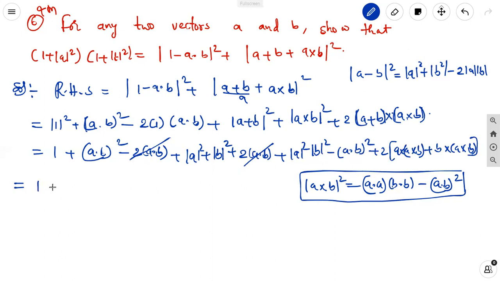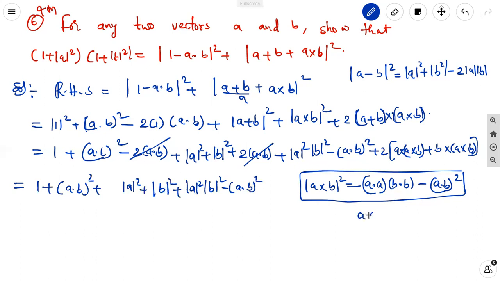Here 1 plus (a dot b) whole square plus 2 into mod a square, okay, it is the multiple. So here no addition. Mod a square mod b square plus mod a square into mod b square minus (a dot b) whole square.